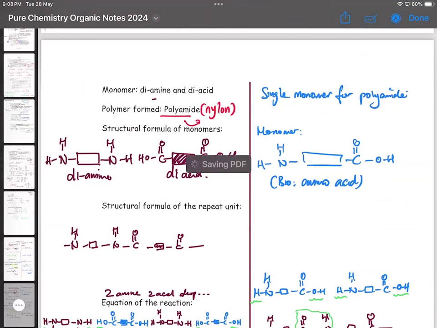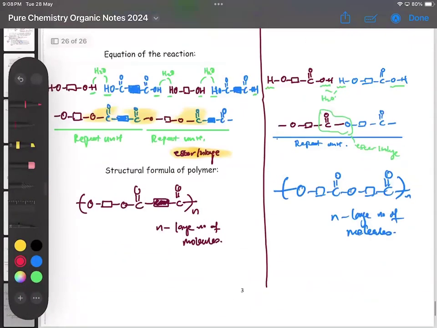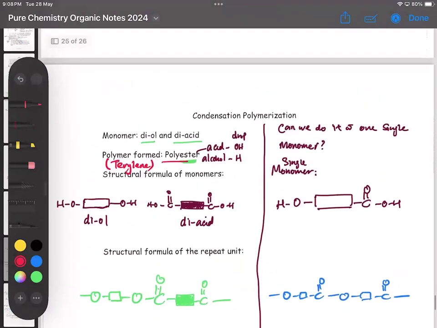So in this case, it's our amine on one side, acid on the other side. For the single polyester monomer, we have alcohol on one side, acid on the other side, so that they can react together. So the idea is put 2 different functional groups on that single monomer and let them react.